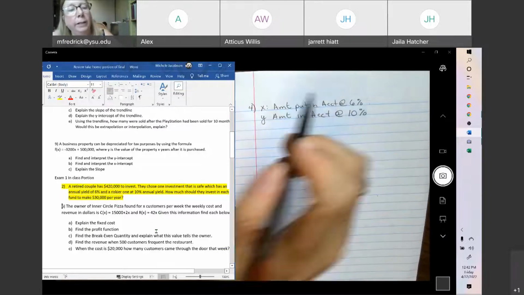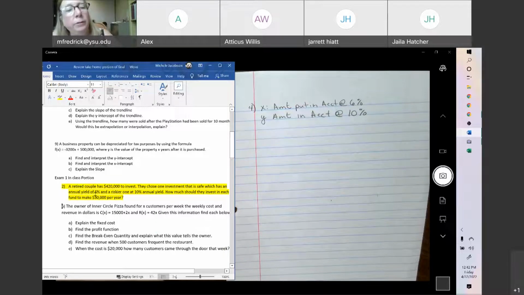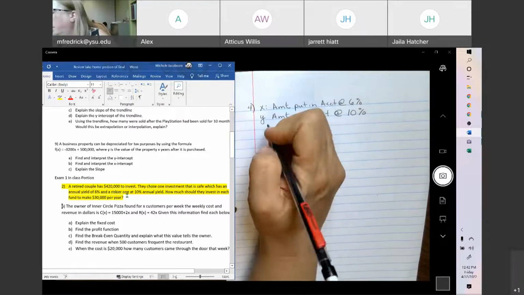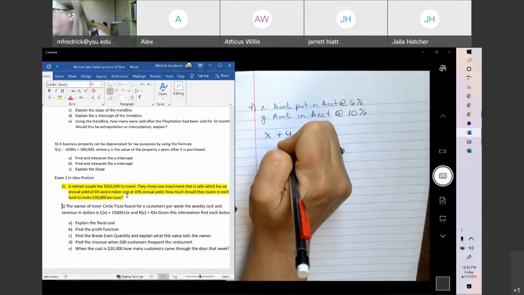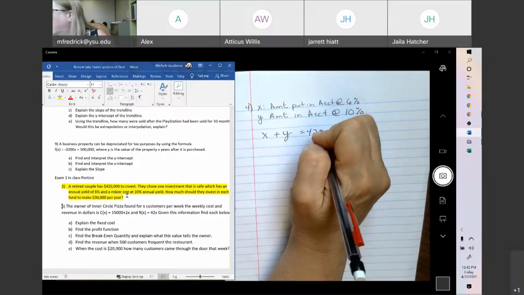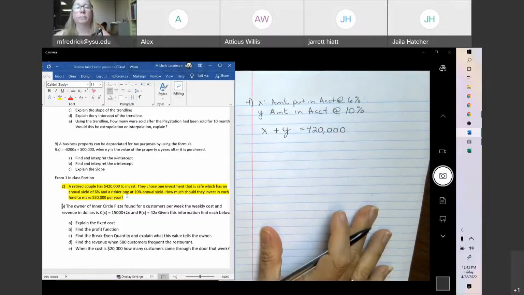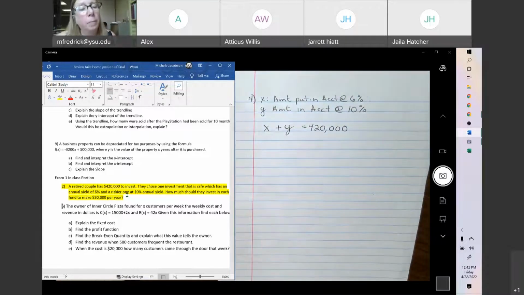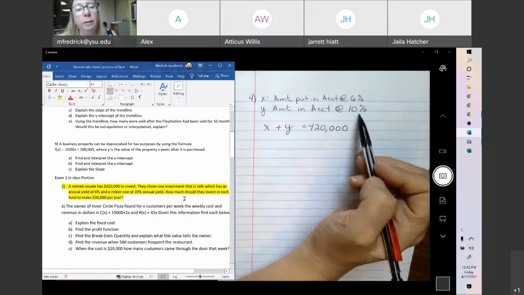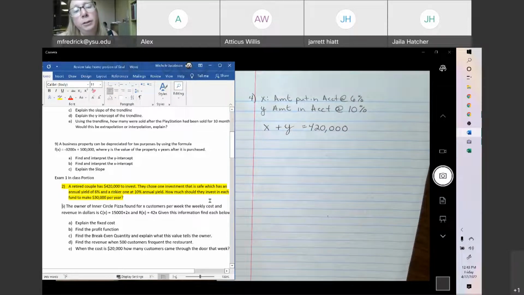Now, reading it over, the retired couple has 420,000 to invest. X and Y is the amount they're investing. So X plus Y needs to be the 420,000. We know what rate they're making. How much should they invest in each fund to make 30,000 in a year?